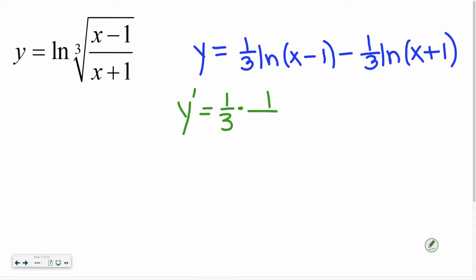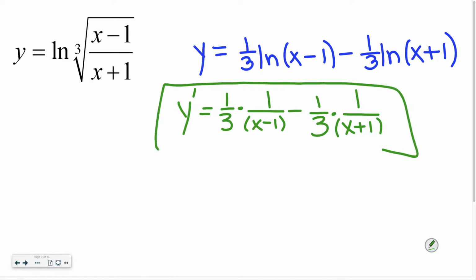That derivative is 1 over x minus 1, and the derivative of the inside is 1, so I'm not going to write it. Minus 1/3 times the derivative of natural log of x plus 1, which is 1 over x plus 1 times chain rule 1, but we don't need to write it. Was that complicated? Not really. You're done. You don't have to condense it back together. We can leave it just like that.